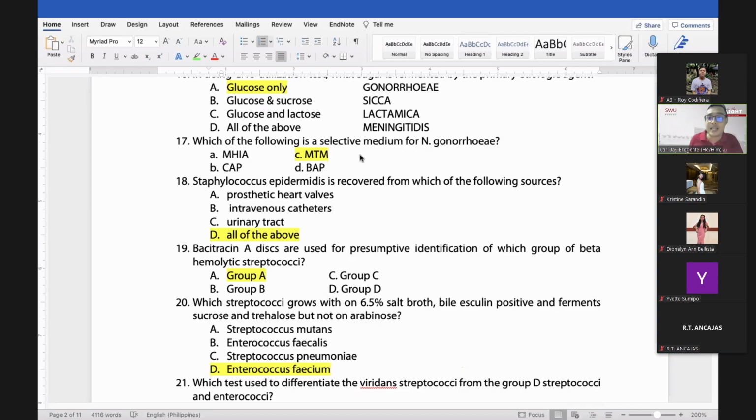It also contains nystatin, which inhibits fungal growth. And this becomes modified, class. This is different from your ordinary Thayer-Martin because another antibiotic is added, which is trimethoprim, that will inhibit Proteus growth. Because remember, diba, Proteus has swarming colonies.